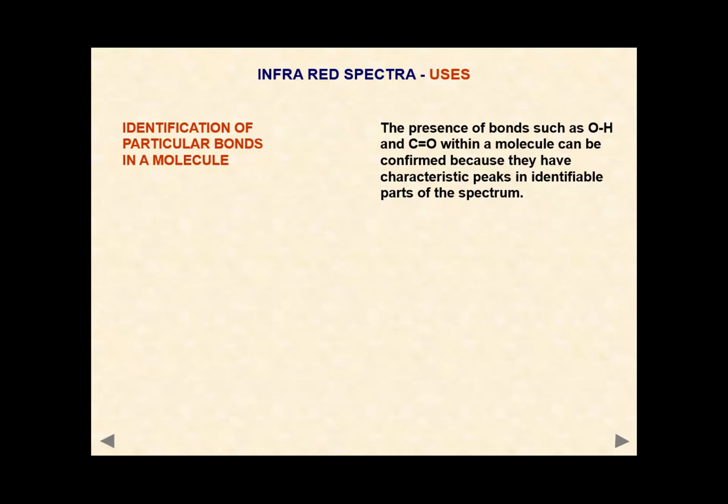So two things are different. Number one, the type of covalent bond is different. Number two, the atoms involved in making the covalent bond are also different. If they are different, their atomic masses would be different. If their atomic masses are different, they are going to vibrate at different frequencies. If they vibrate at different frequencies, they are going to absorb infrared radiation of different frequencies. Does it make sense? Yes. Great.